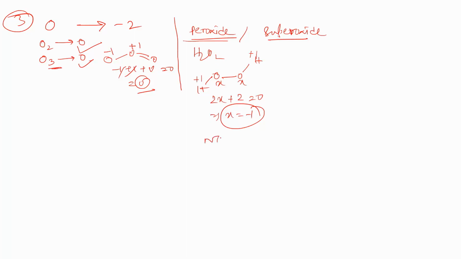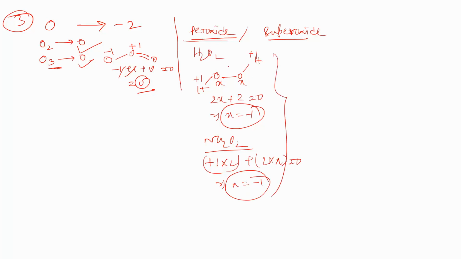Like that, Na2O2. We know that sodium gives +1 because it is an alkali metal. So 1 into 2 plus 2 into x equals 0. So here also it will have the -1 oxidation state. So for the peroxide case, oxygen will have the -1 oxidation state.